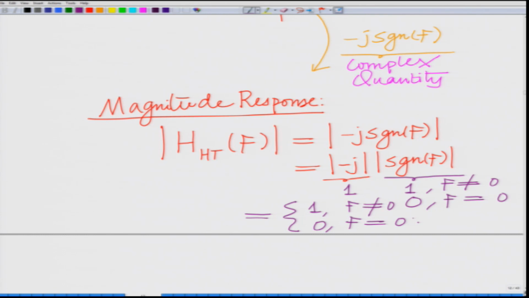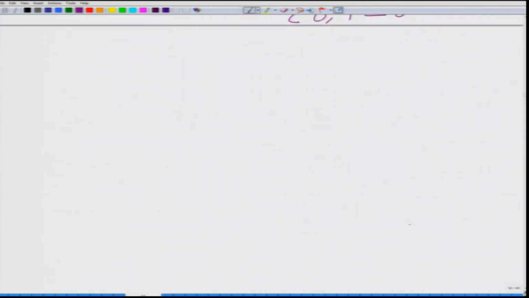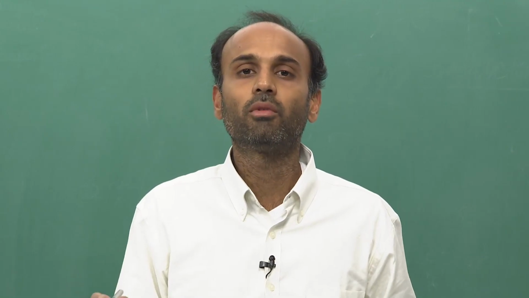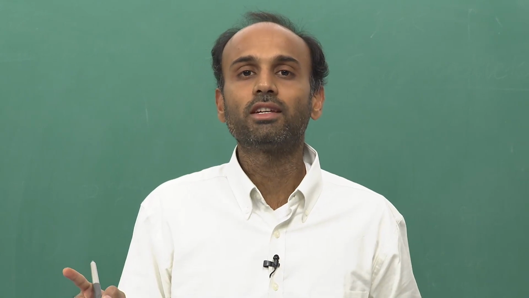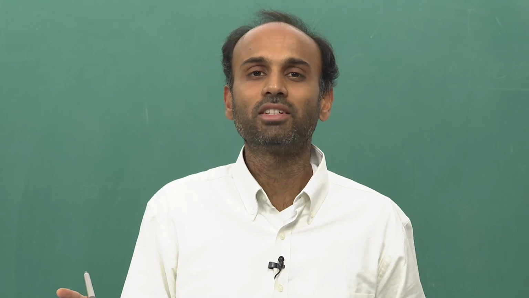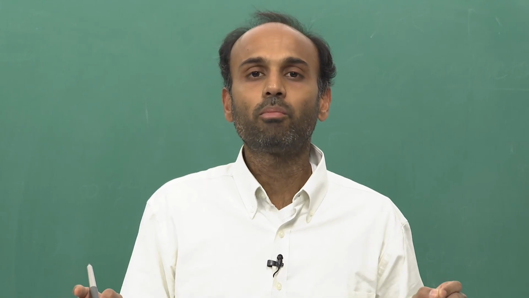Since this is a complex quantity, I am plotting the magnitude and phase response of the spectrum of the Hilbert transform. The magnitude response is 1 for all frequencies except at 0, where it is 0.